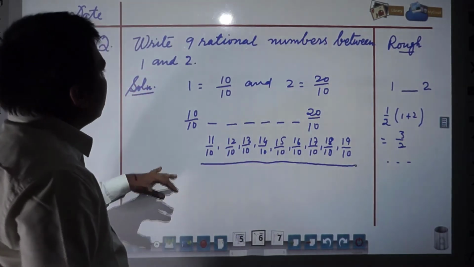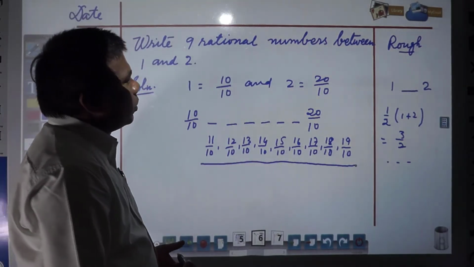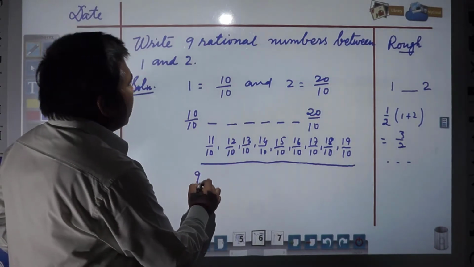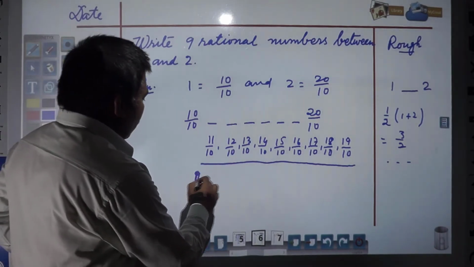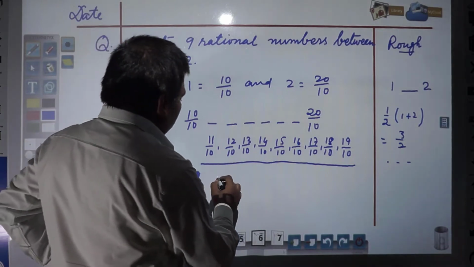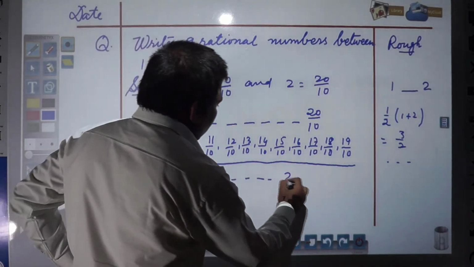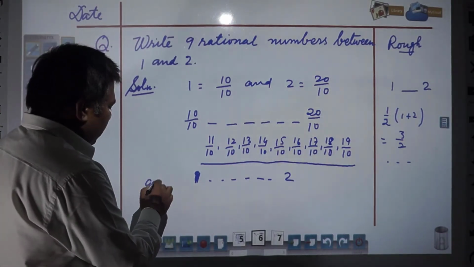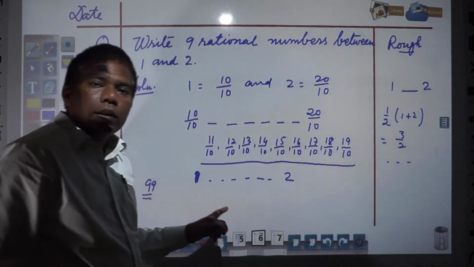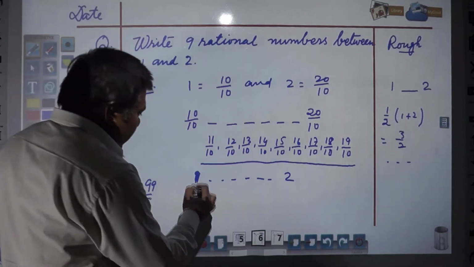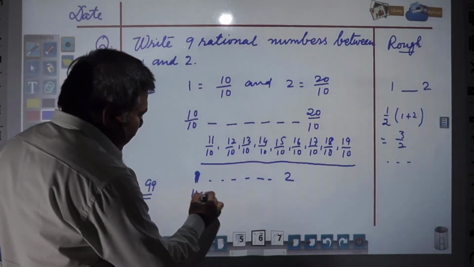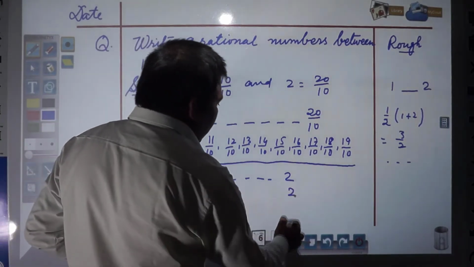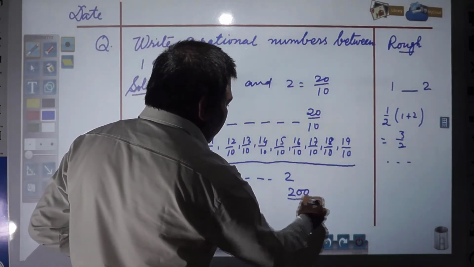And suppose you need to find out more numbers in between, suppose you have 1 and 2 and you need to find out 99 rational numbers. Then what will you do? This 1 can be written as 100 by 100 and 2 can be written as 200 by 100.